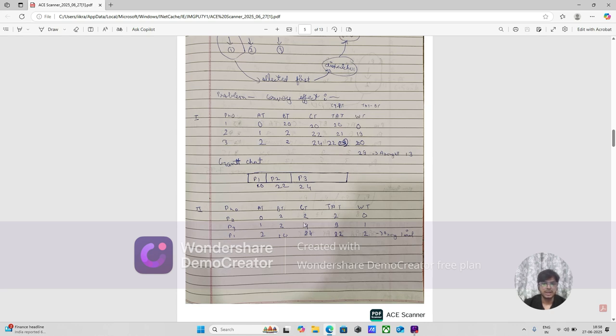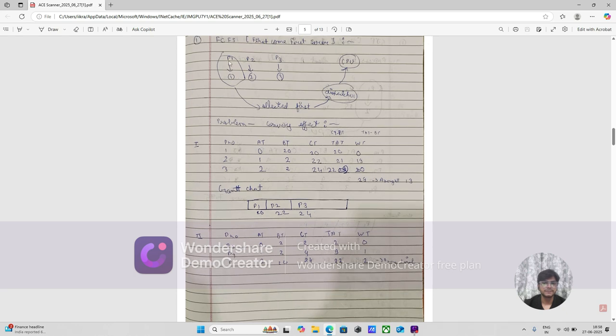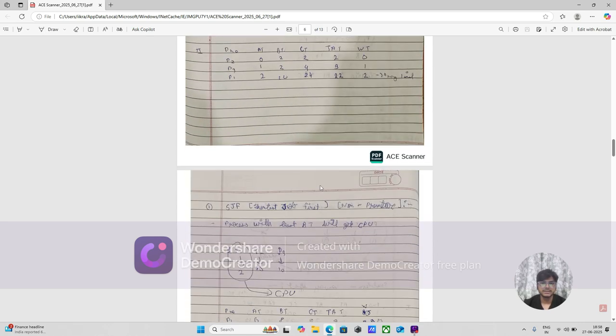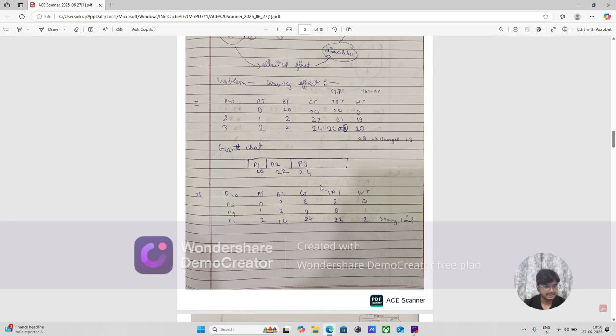But if you take a low burst time, then the average time, the average unit, will be the lowest. So this is the convoy effect. If you take a large burst time first, then it will be a convoy effect, and the other processes have to wait along. That is why this is the convoy effect.